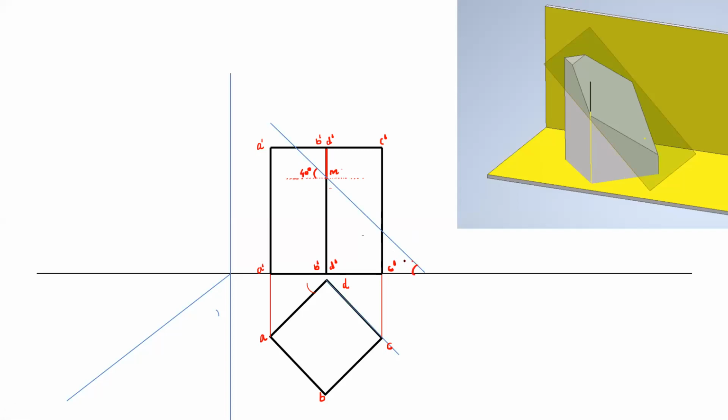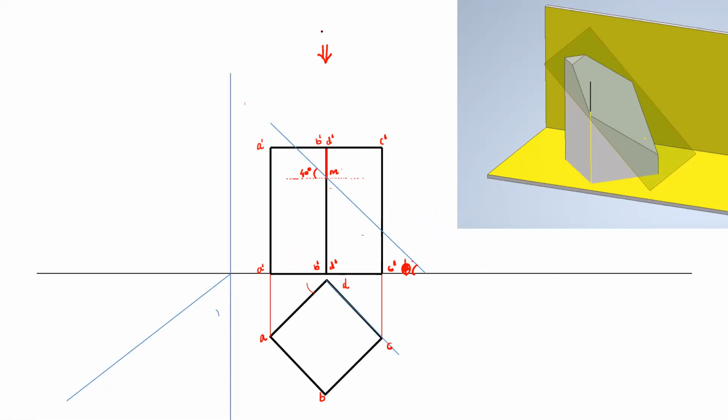This is theta. Do not show this line as a continuous thick line, so refer to the line type for the section. Then the portion which is to be removed is nearer to the observer.